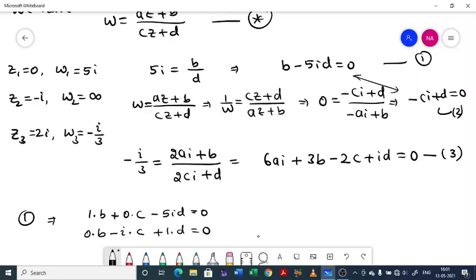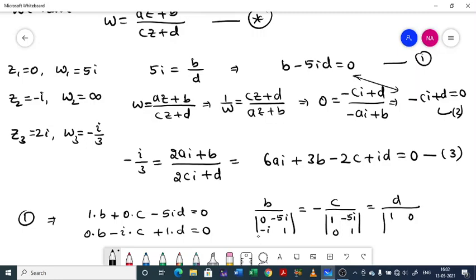Now applying cross multiplication rule, b divided by the determinant of (0, minus 5i; minus i, 1) equal to minus c divided by (1, minus 5i; 0, 1) equal to d divided by (1, 0; 0, minus i).